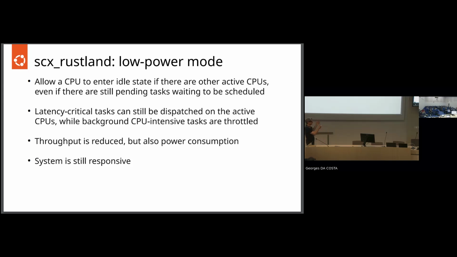So I changed the code to add this simple logic. And I added this as an option because, of course, if it was the default, everything would be super slow. But it actually seems to help in terms of power consumption.